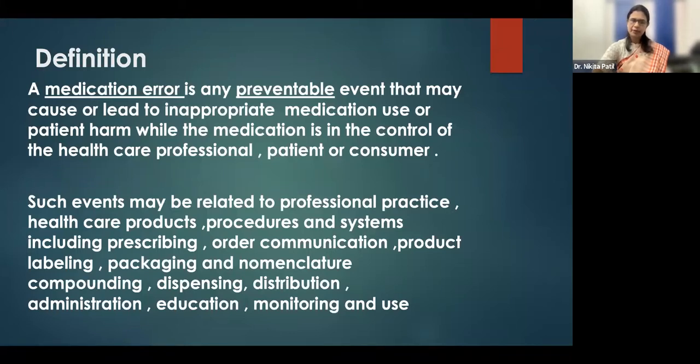I have prescribed pneumococcal vaccine and the patient has been given pancuronium. So prescribing, order communication, product labeling, packaging and nomenclature, compounding, dispensing from the pharmacy to distribution, administration, education, monitoring and use. So in fact, at every level, the drug error can occur and we may be held responsible.